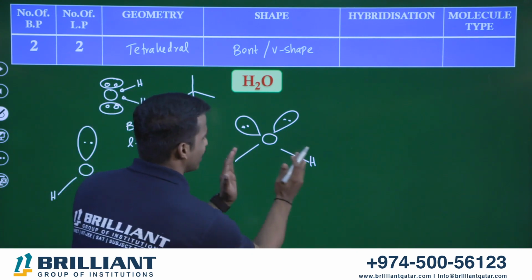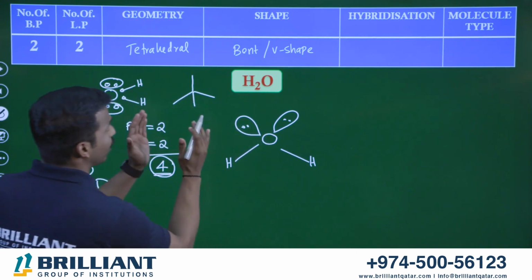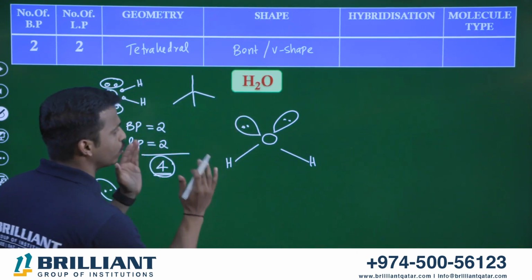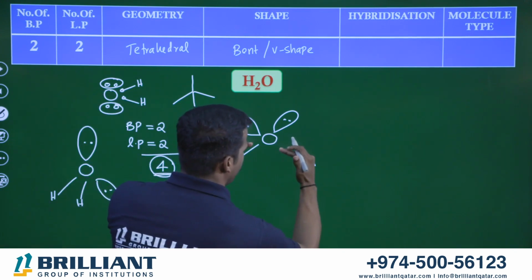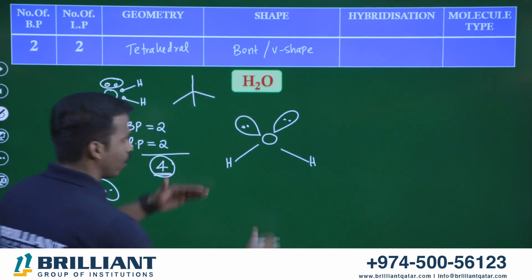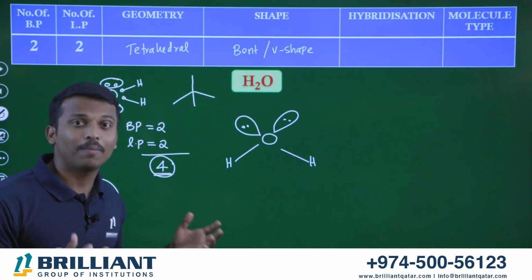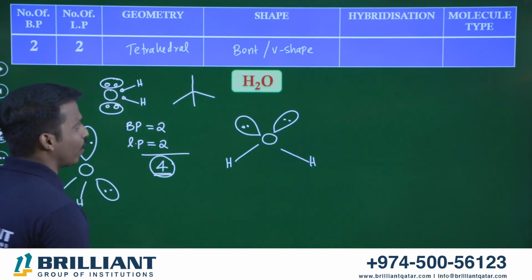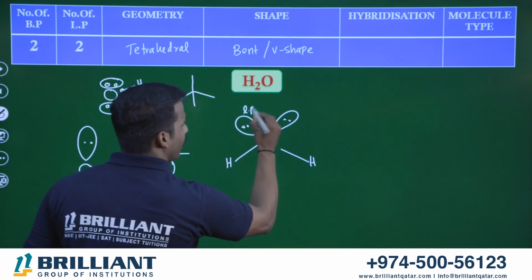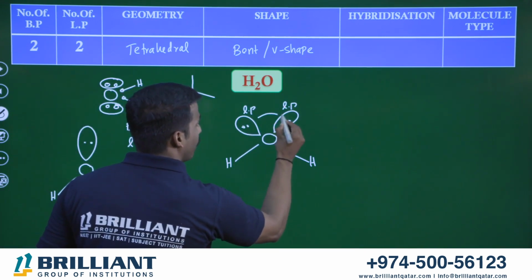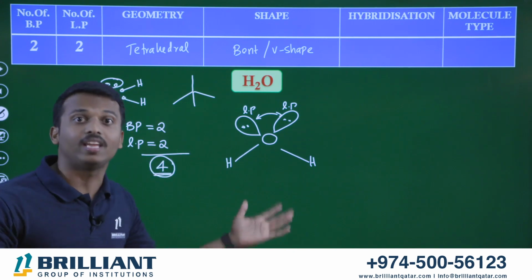When calculating the shape of a molecule, I told you to just look at how the bond pairs are located. They are located in a bent geometry. Why do they bend? Because, can you see, this is a lone pair? Lone pair repulsion is very great.